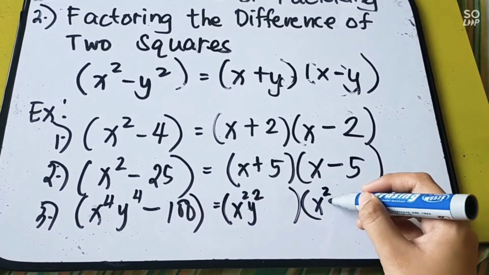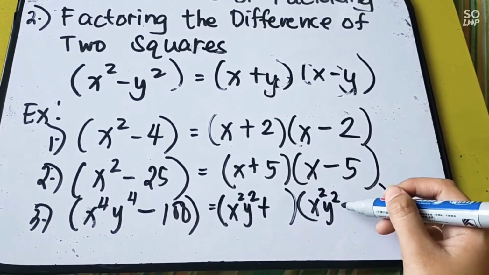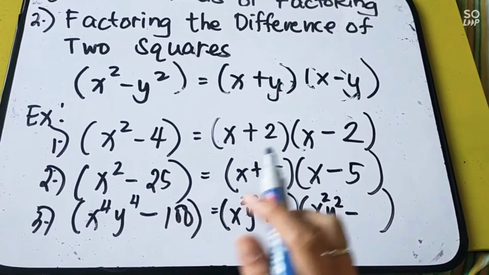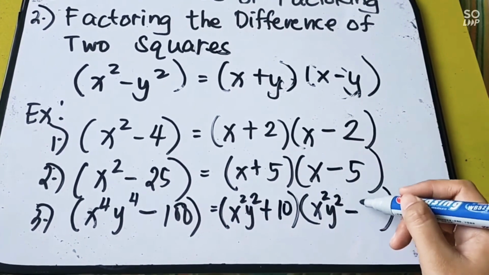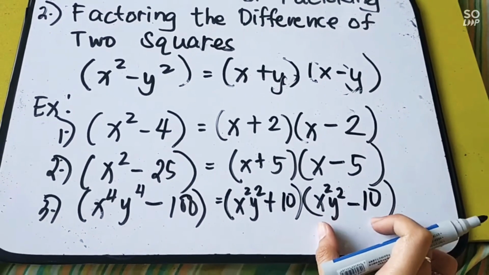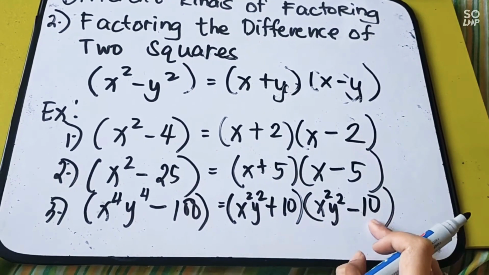We have x squared and then y squared. Then, we have a positive and a negative. 100 is a perfect square. What is the square root of 100? The answer is 10 and then 10. Okay? As you can see, this can no longer be factored, because 10 is not a perfect square.